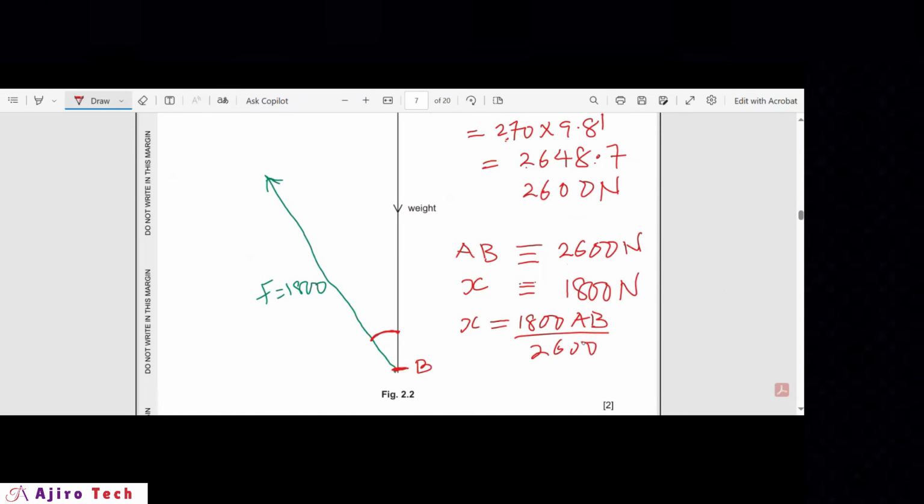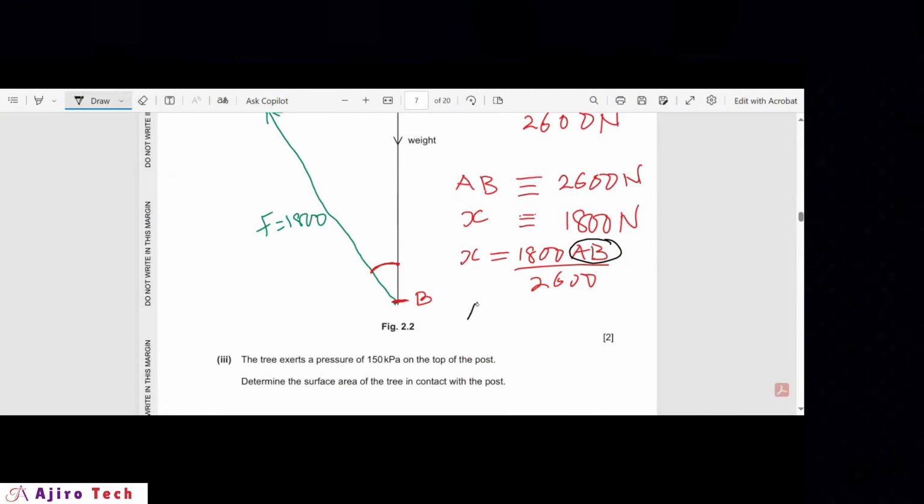So you measure the length of AB with a ruler. Let me write it here: AB is measured with.